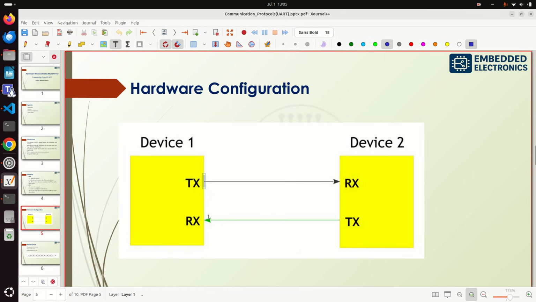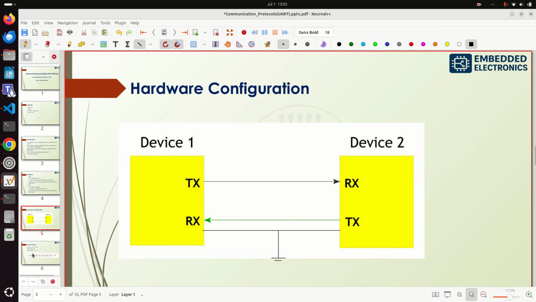Here it is receiving, but here it is transmitting. Apart from this, there is one more common line, which is connected to ground.